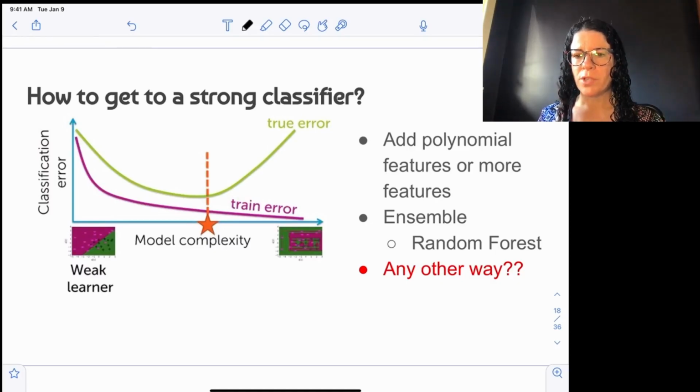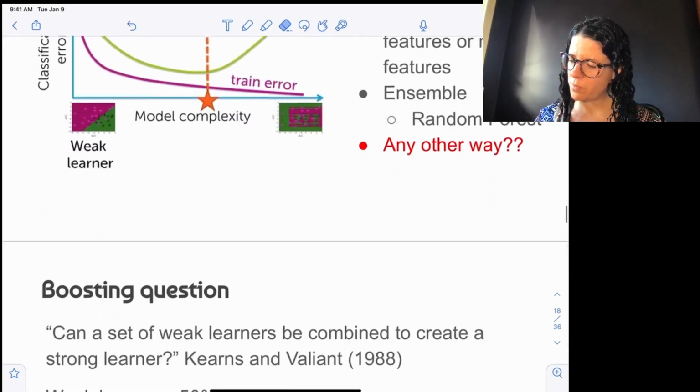The question is, is there any other way of going from a weak learner to a more complex learner? That is the question that boosting in general is trying to answer, or the original question it was trying to answer.